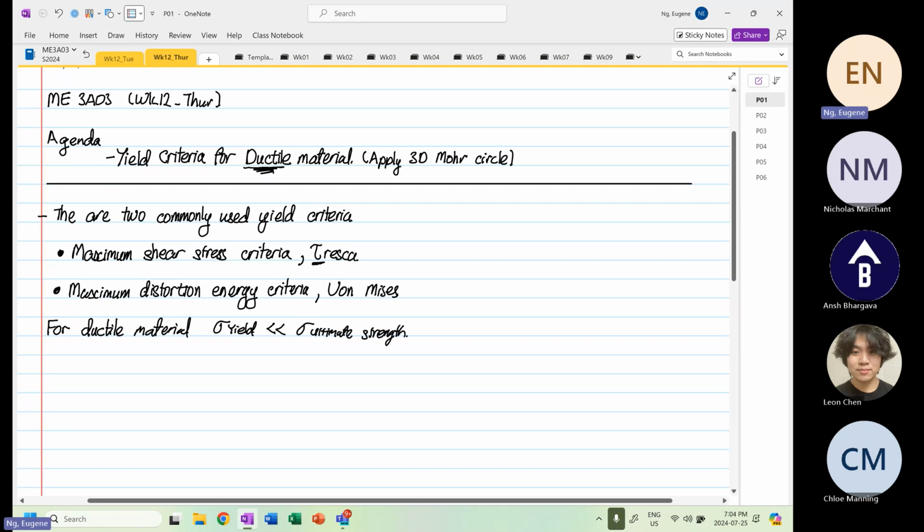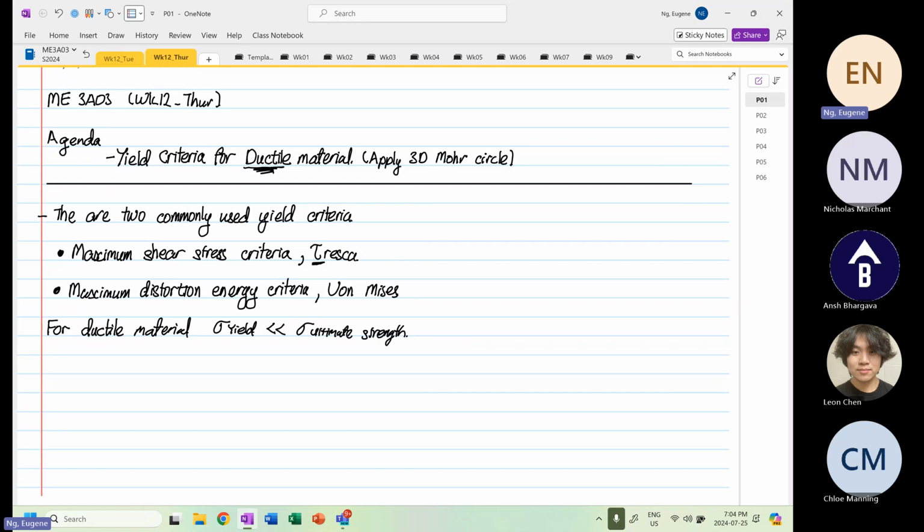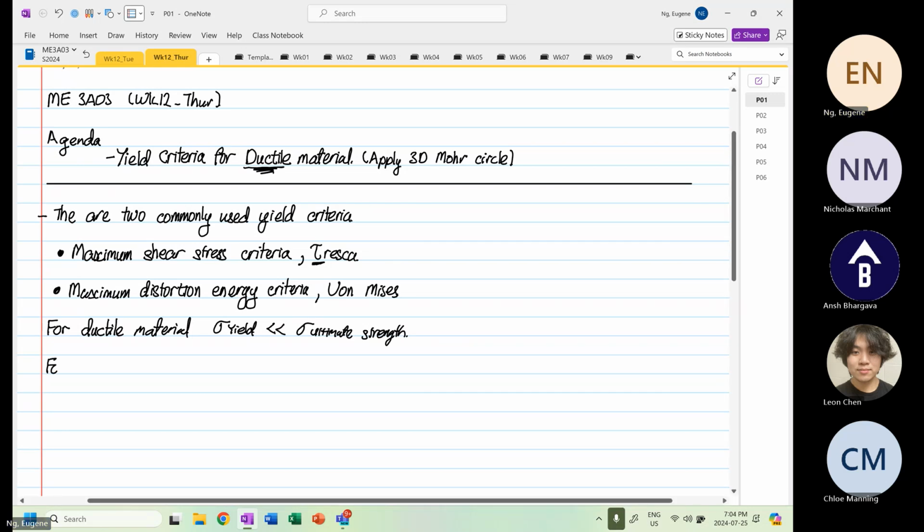Okay, so that's how we say a material is ductile. For brittle material, the stress yield is approximately equal to the stress ultimate strength.